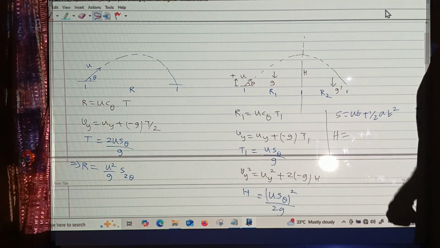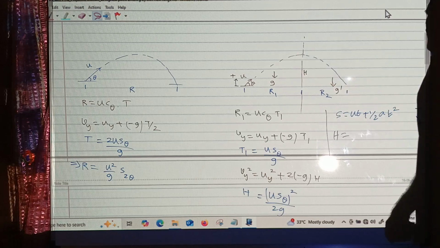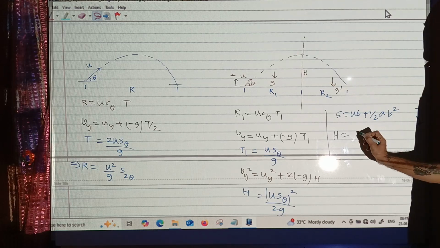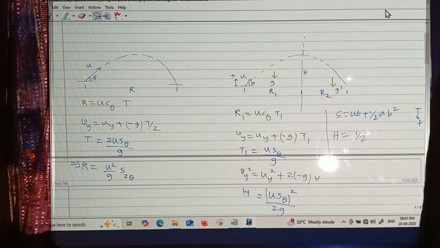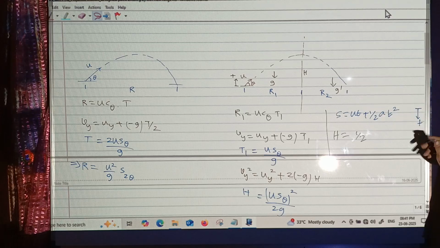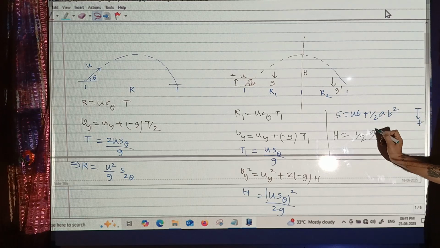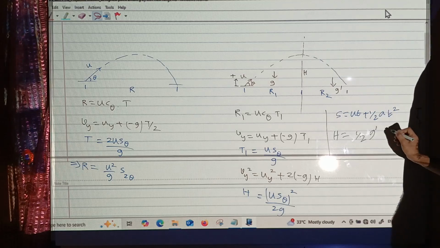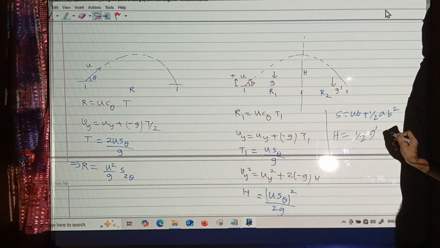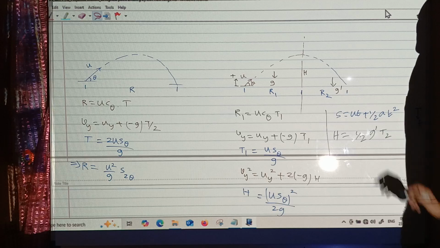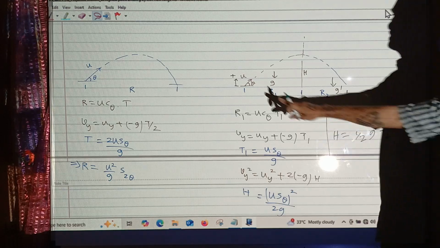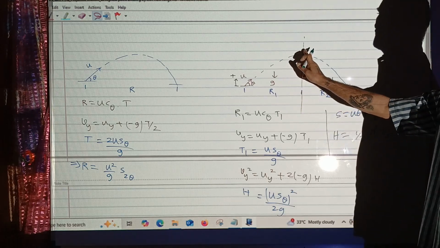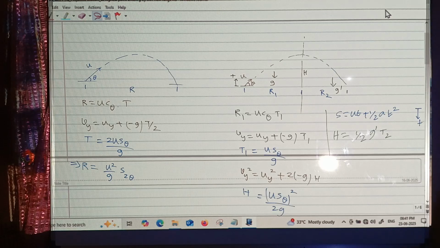And the initial velocity is 0. It's a turning point, so velocity is the minimum here, and it's 0. So the first term is 0, and the acceleration is plus g because the downward direction is positive. Or actually here it's g prime, the different gravitational field. And the time is T2 square. The time to go from here to here is T2. The flight time is being split into 2 parts. T1 is from here to here, and T2 is from here to here.